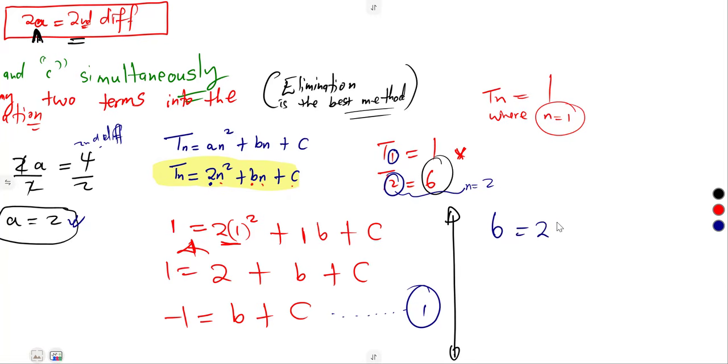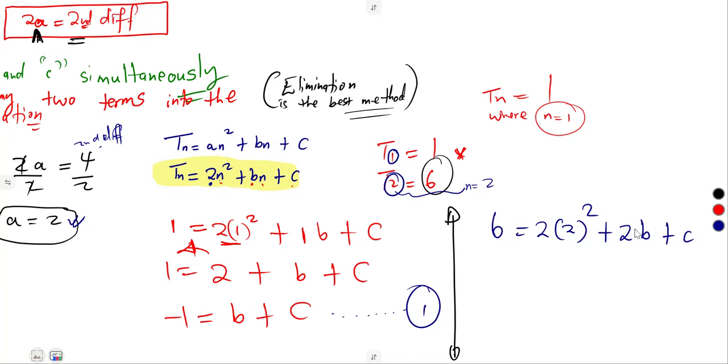So that's 2 squared plus bn, that's 2 times n plus c. So that's 2b there.